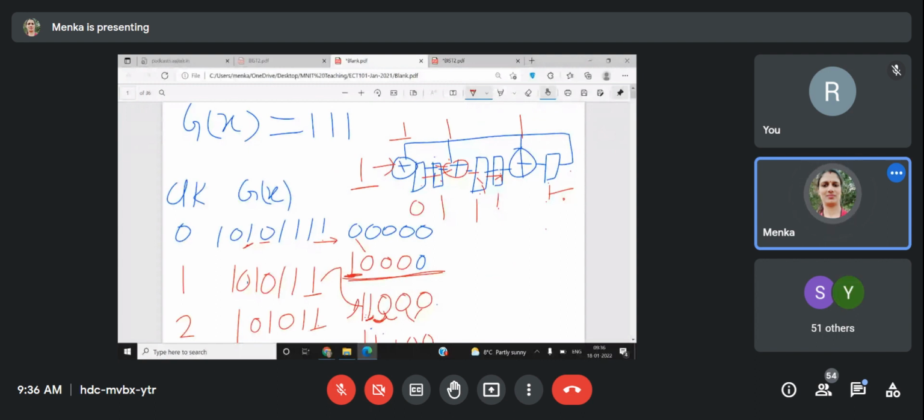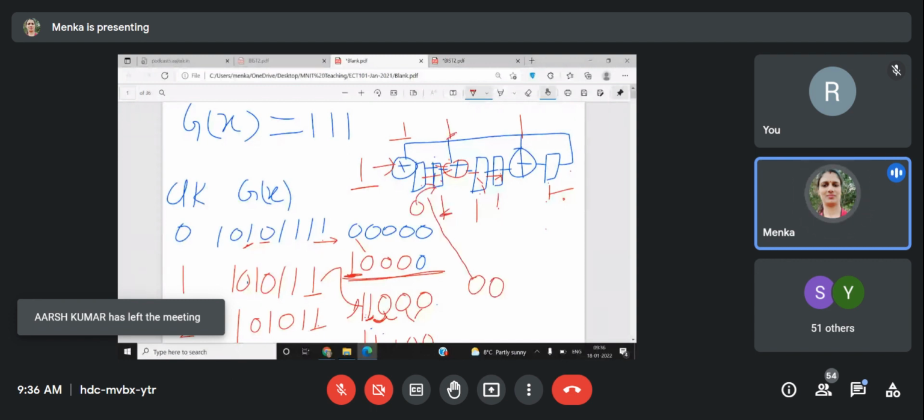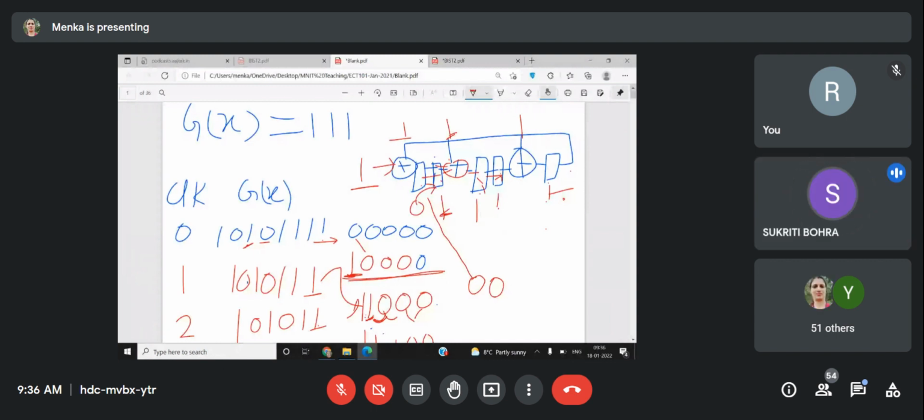This is 1 and this is getting XOR with 1, क्या आ जाएगा? 0, 0, right? Yes, ma'am. So this is the content of the flip flop getting shifted over here, so you are getting 1 here. This 1 is getting over here. आ गया समझ में? Yes, ma'am.